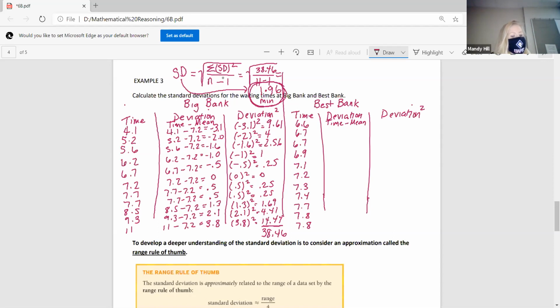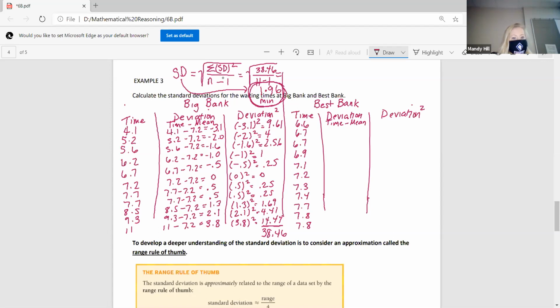If we subtract 2, because 1.96 is very close to 2, we would get 5.2. If we add 2 to it, we would get 9.2. And so what they're saying is if you add or subtract 2 from your mean, which is 7.2, you're going to get the majority of your data in that range, which is true, right?